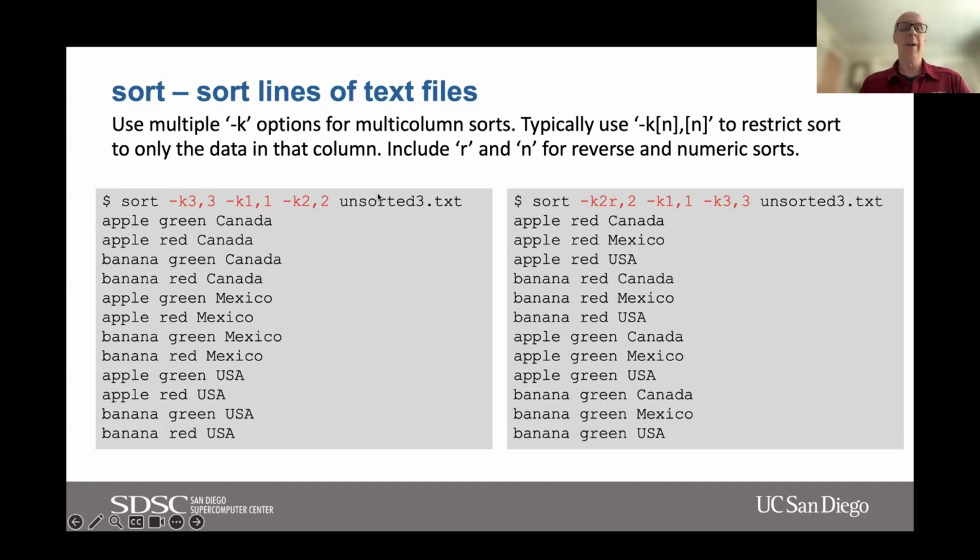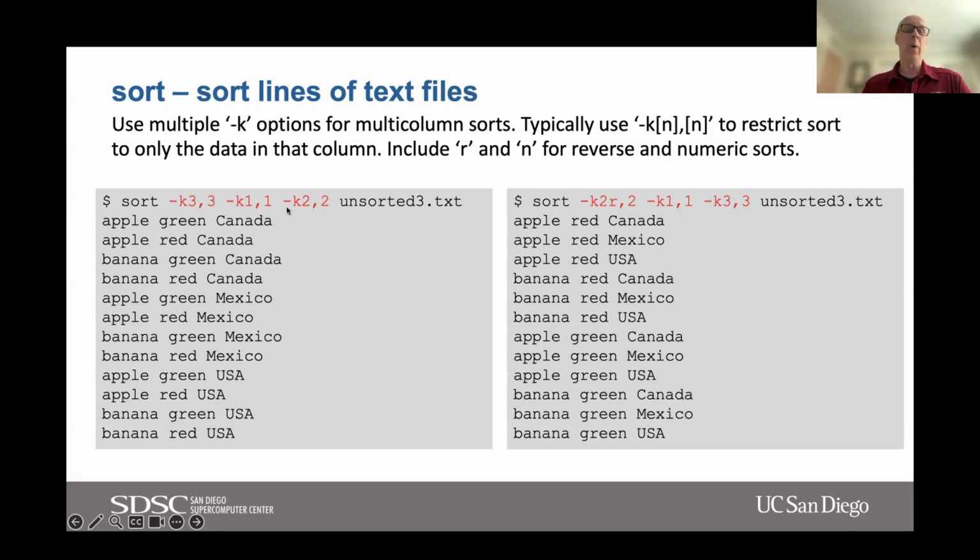So let's look at another example. We're going to call this file unsorted3.txt. And in each line, we have a fruit, a color, and a country. So this could be, say, a list of produce, listing the type of fruit, the color, and the country of origin. So we could sort this multiple ways.